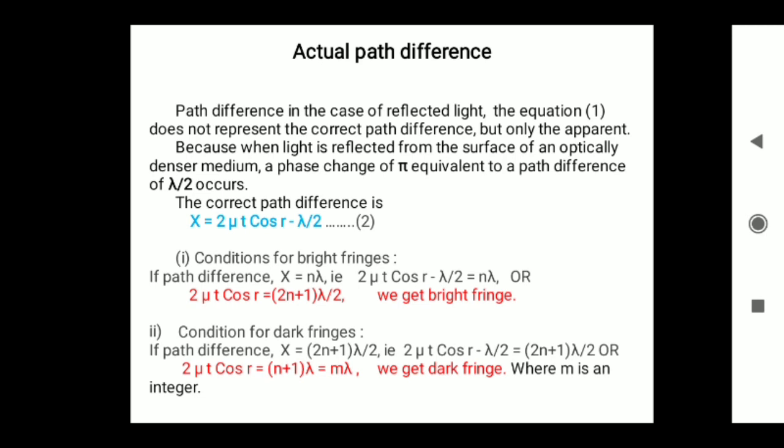Or if the path difference x is equal to (2n plus 1) lambda by 2, or 2 mu t cos r minus lambda by 2 is equal to (2n plus 1) lambda by 2, or 2 mu t cos r is equal to (n plus 1) lambda, or it is equal to m lambda, we get dark fringe, where m is an integer. These are the conditions for bright and dark fringes in case of the interference in thin films.